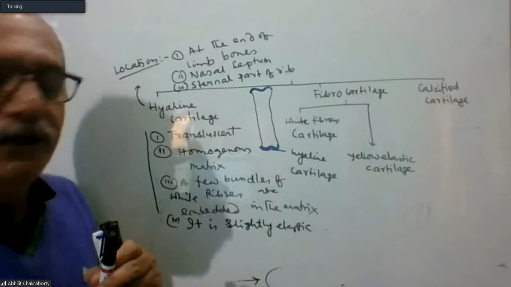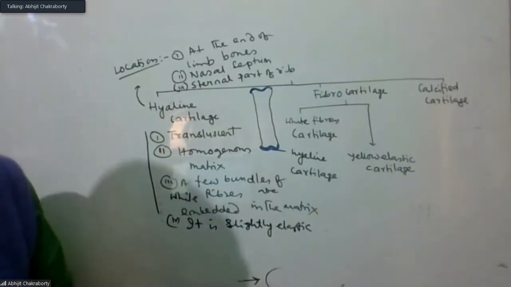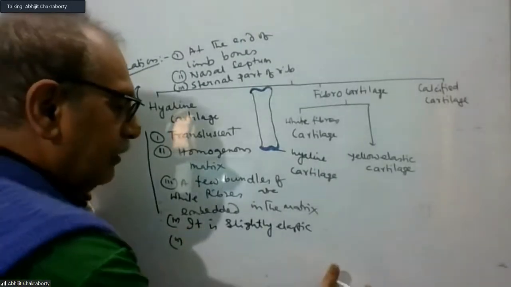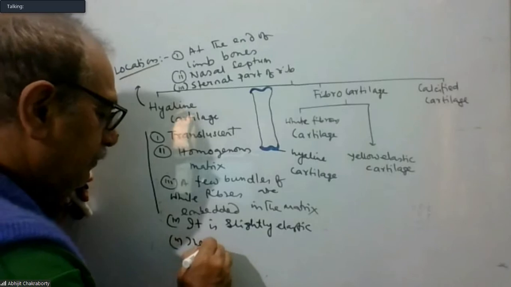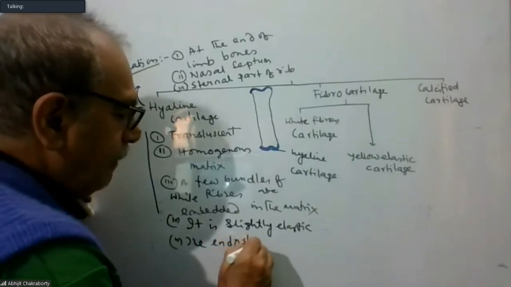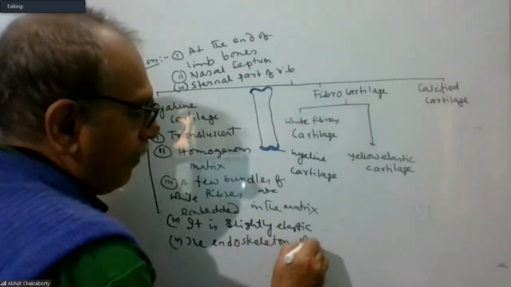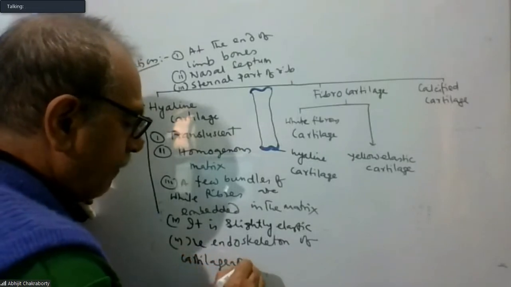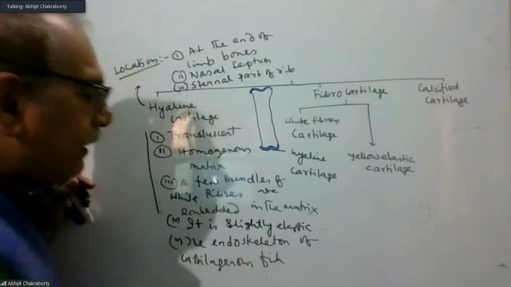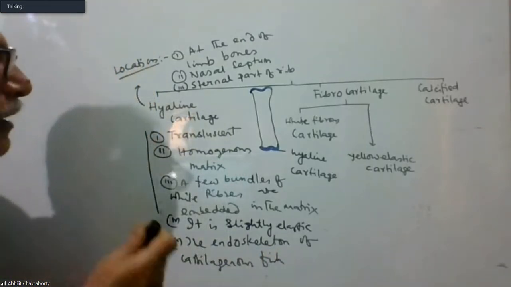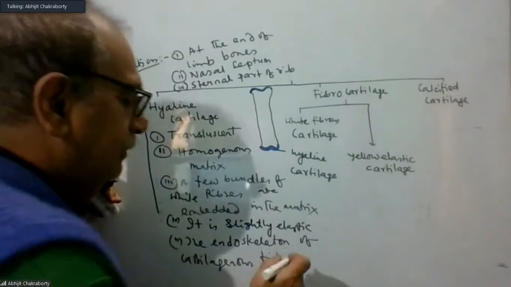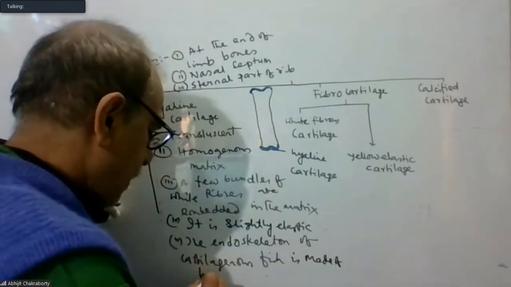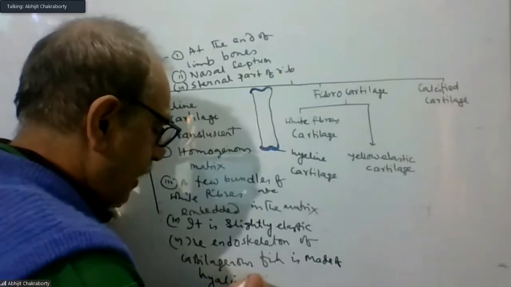Why it is found at the end of limb bones, nasal septum and sternal part of the rib. So this is about it. And remember the most important thing: the endoskeleton of cartilaginous fish is made of hyaline cartilage.